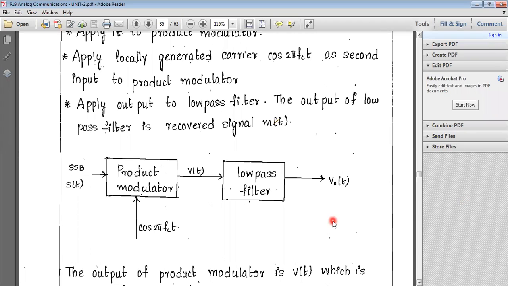For the product modulator, we have two inputs. One is the SSB modulated wave and another one is the carrier. Already I told you the generated carrier here is maintained the same as the transmitted carrier signal phase and frequency.